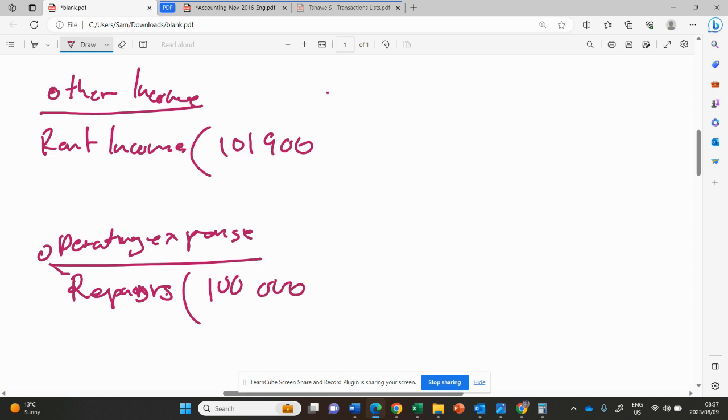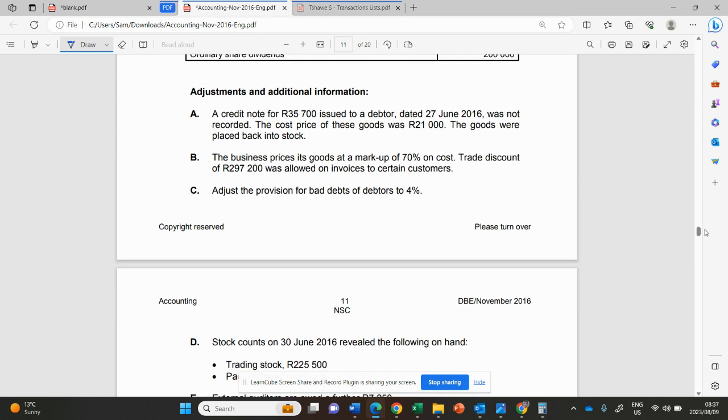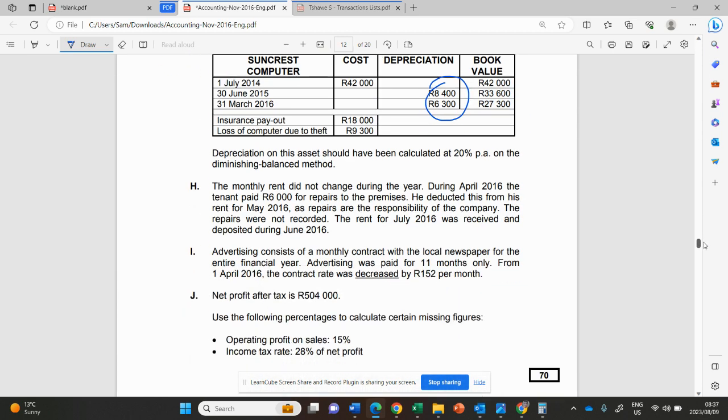Good. Let's go and interpret the adjustment. This guy was Yenzel. He was supposed to pay the full rent amount in May.